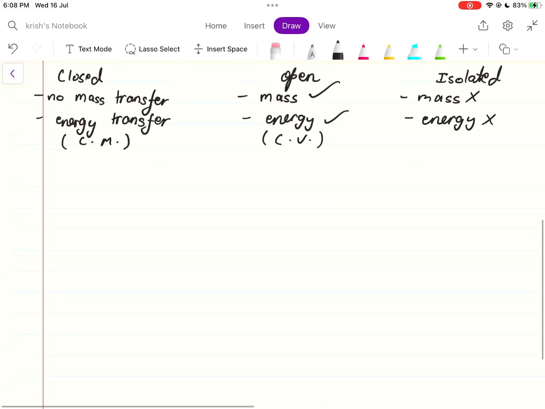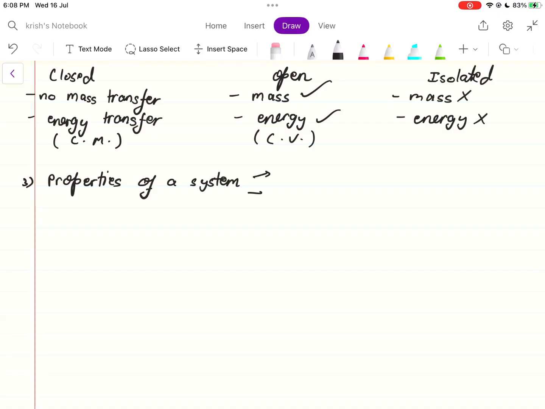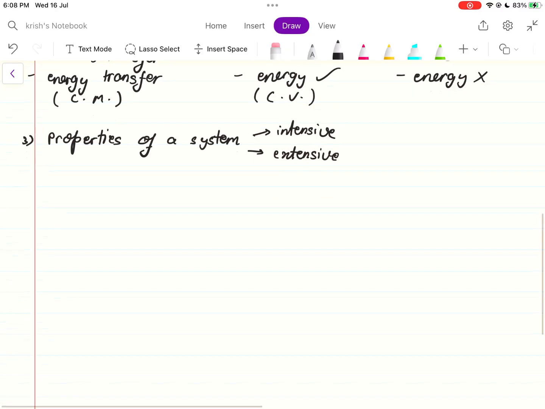Okay. Next we have properties of a system. Intensive, extensive. Intensive are those properties that do not depend on mass of system. Non-mass dependent. And extensive are those which depend on mass.